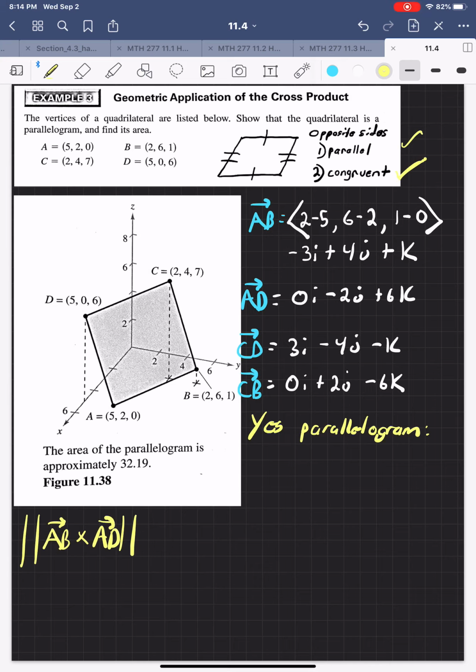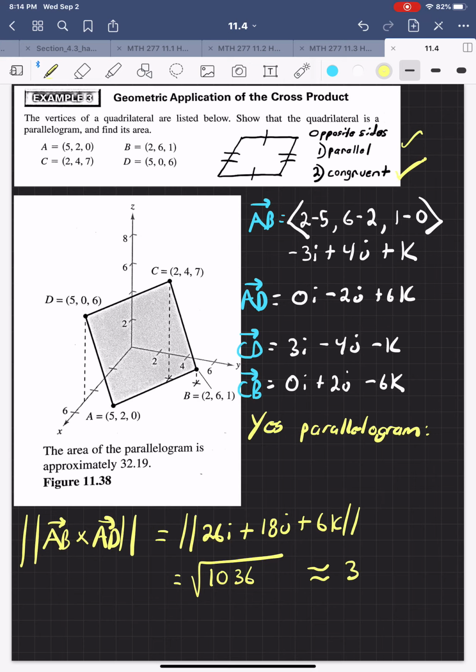That ends up being the magnitude of 26i plus 18j plus 6k. Once you take that magnitude, that's the square root of 1036, or roughly 32.19. And there's your area. Okay.